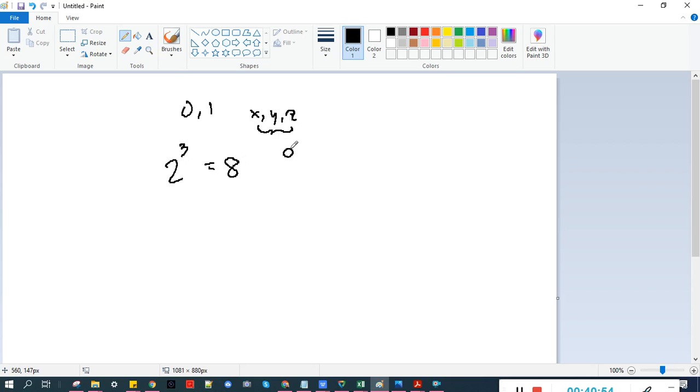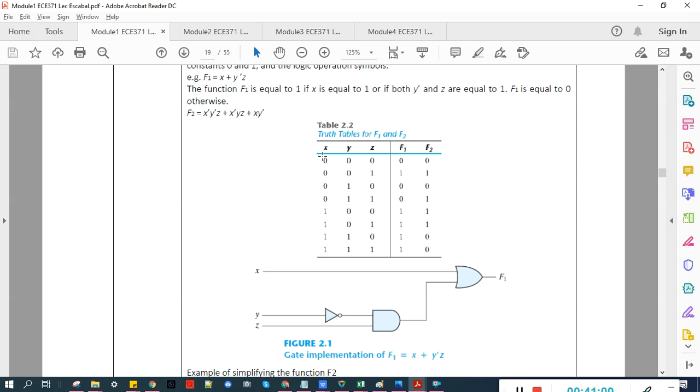It starts from 0, 0, 0 up to 1, 1, 1. Starts with 0, 0, 0, then 0, 0, 1, then 0, 1, 0. You increment by 1 each time until it reaches the maximum value, which is 1, 1, 1. So this is the output F1 and F2.